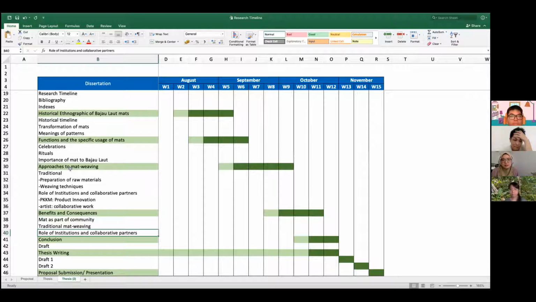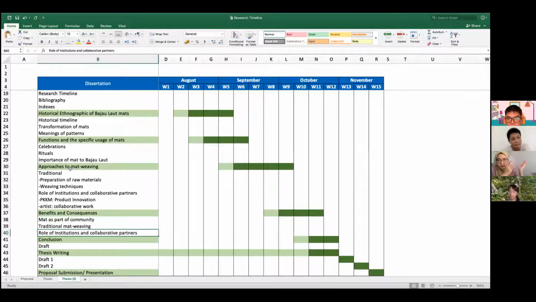My literature review, or whatever findings I had in the beginning, is varied. It's from articles, from online ethnographic collections, from Facebook and Instagram, because there's not much on Bajau mats. So I follow these people on Instagram and Facebook to find out, for Kraftangan, you can't find anything.